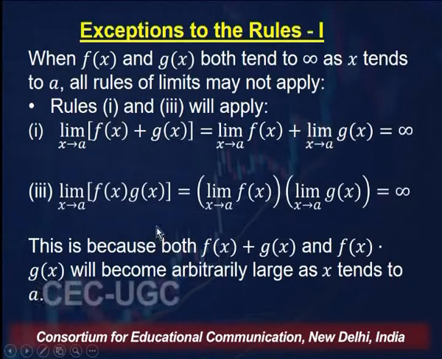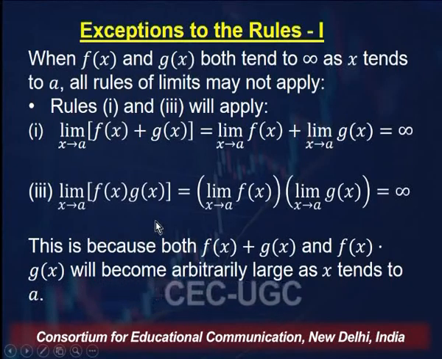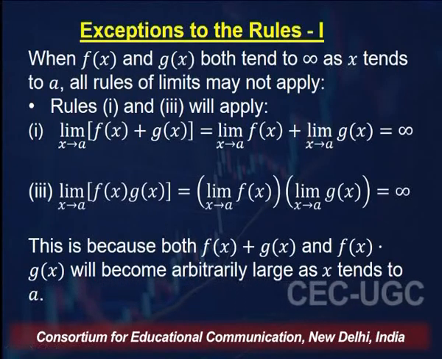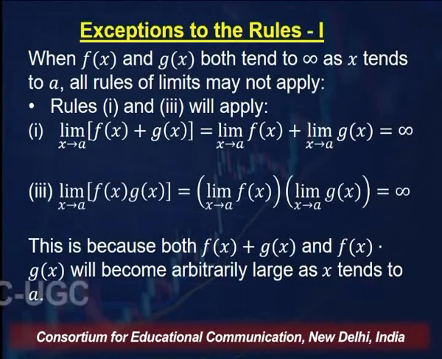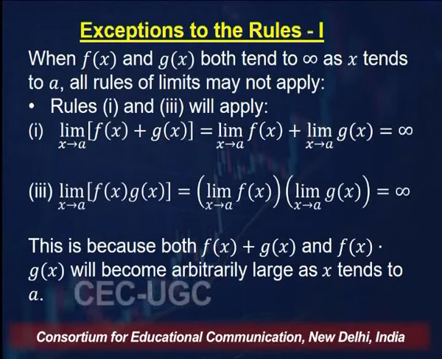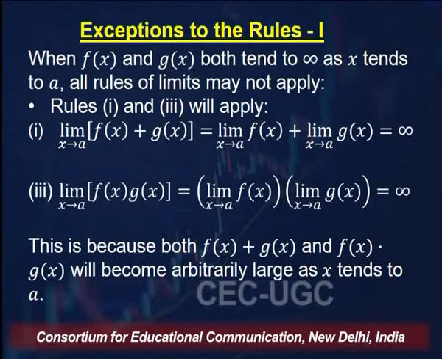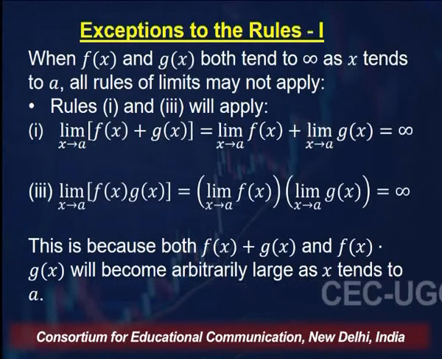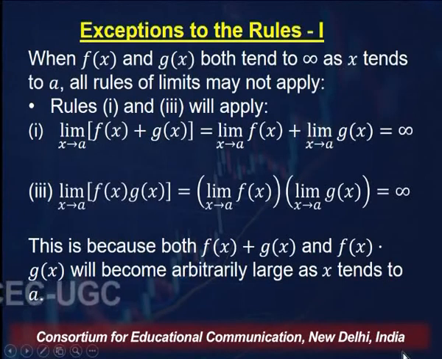Similarly, for the product of f of x and g of x, as both functions tend to infinity, both become arbitrarily large as x tends to a. So the product will also become arbitrarily large, and therefore here also we get infinity.